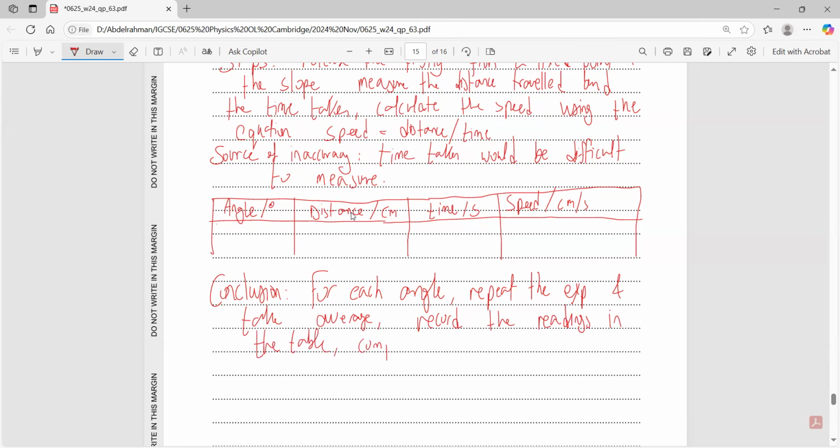And then compare the results by drawing a graph of the angle versus the speed. You need to plot a graph of the angle versus the speed.